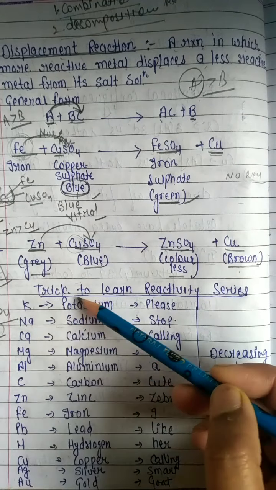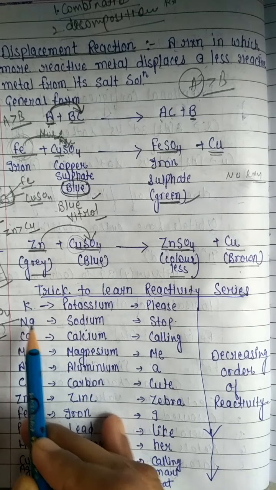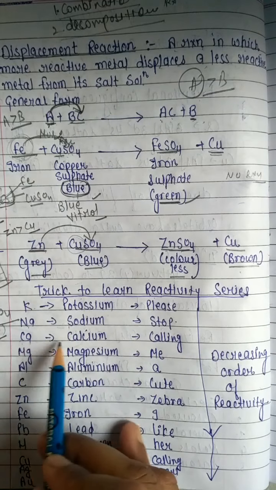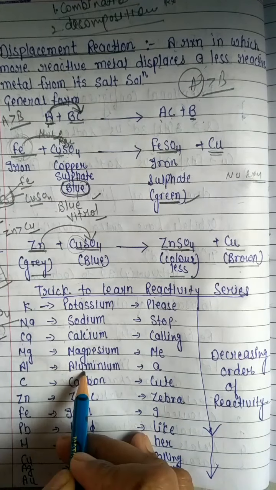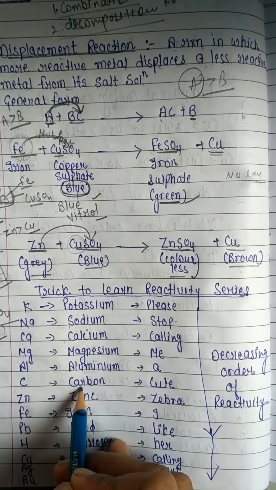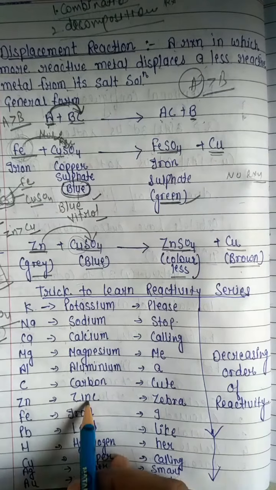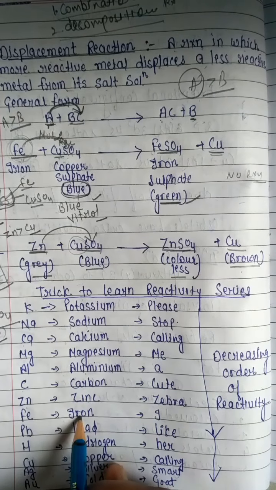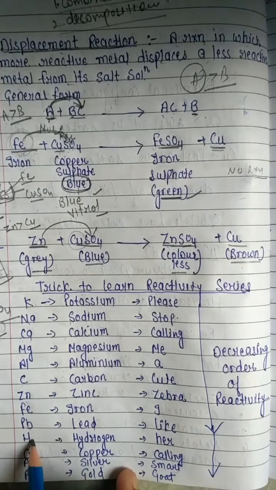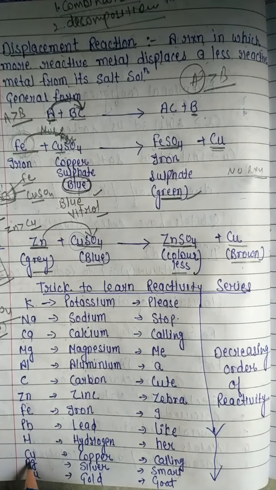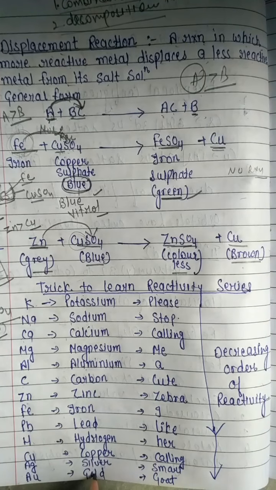K means potassium, Na means sodium, Ca means calcium, Mg means magnesium, Al means aluminium, C means carbon, Zn means zinc, Fe means iron, Pb means lead, H means hydrogen, Cu means copper, Ag means silver, and Au means gold.